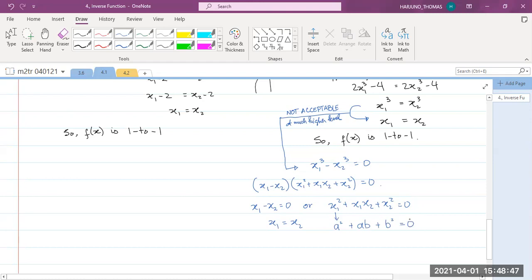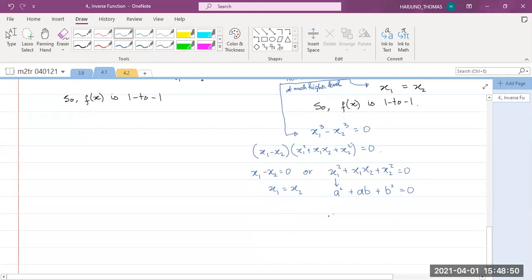Then I hope you see the quadratic formula there, where a equals negative b plus or minus the square root of b squared minus 4ac over 2a. So a equals negative b plus or minus the square root of negative 3b squared over 2.